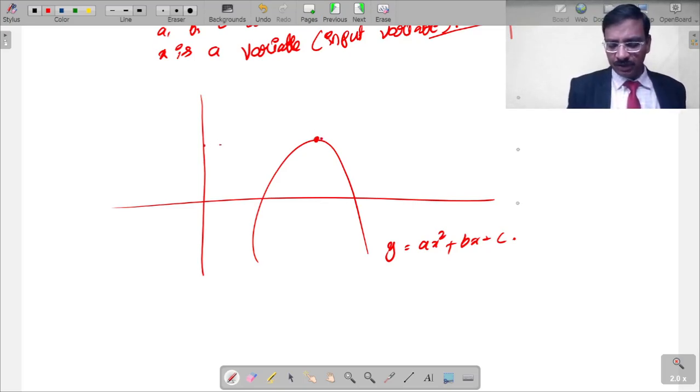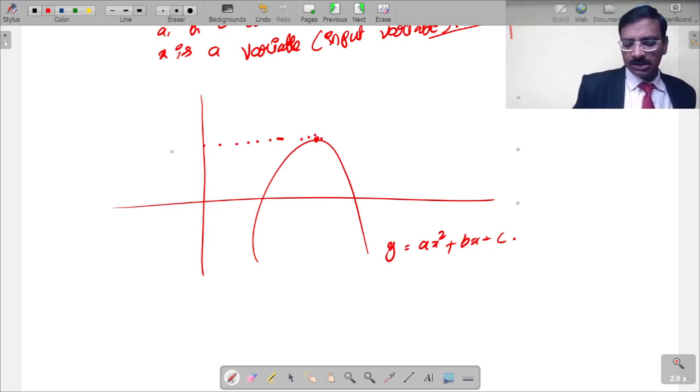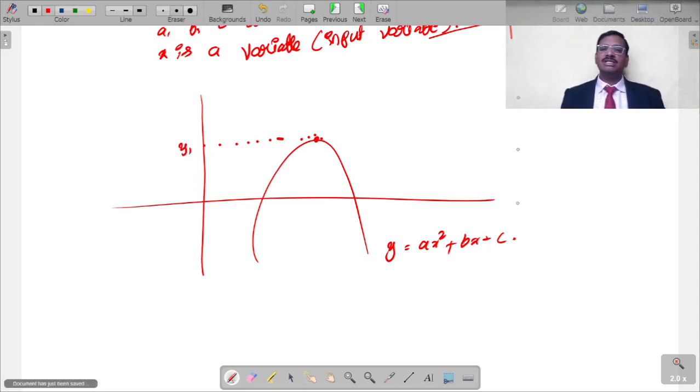Let us say this point is y1, then y1 is the maximum point on this particular graph.